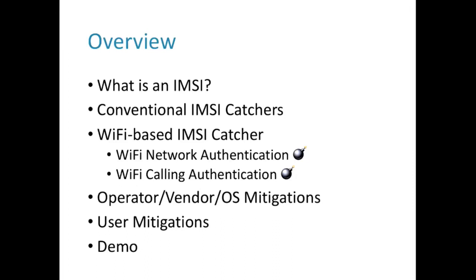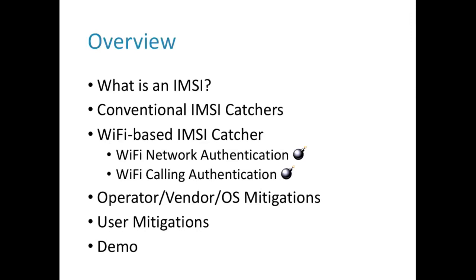IMSI is basically just the identifier that identifies a subscriber, the International Mobile Subscriber Identifier. And there are conventional devices that have been around for a while, ones with trade names like Stingray, that work in the mobile spectrum.